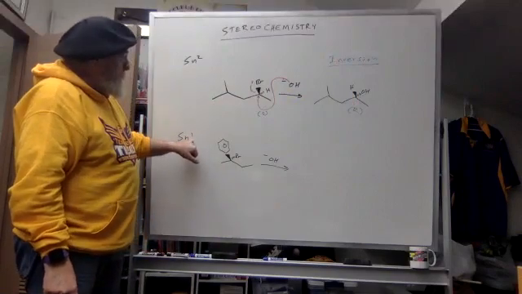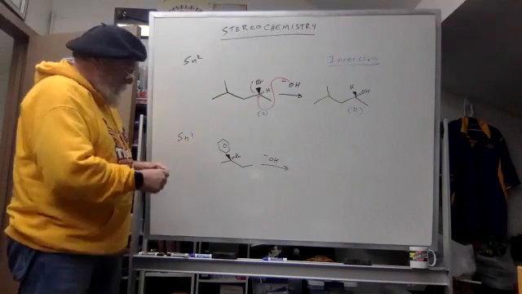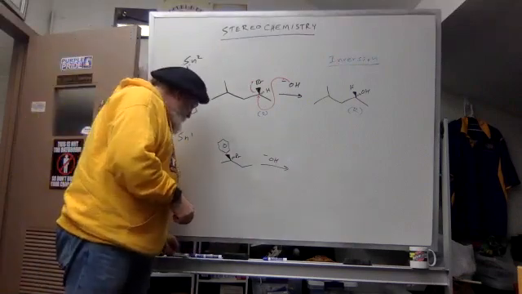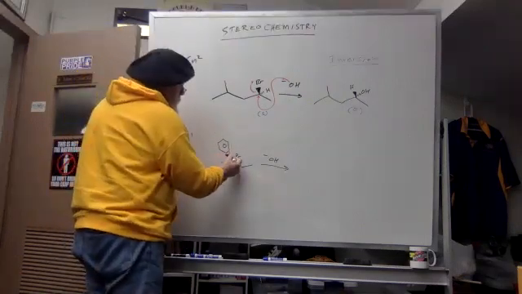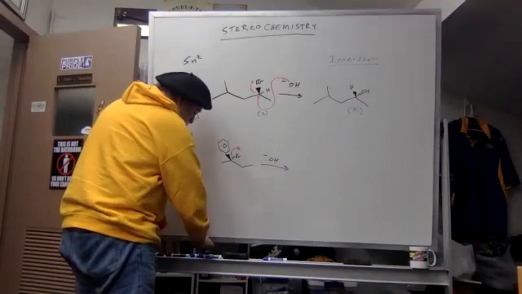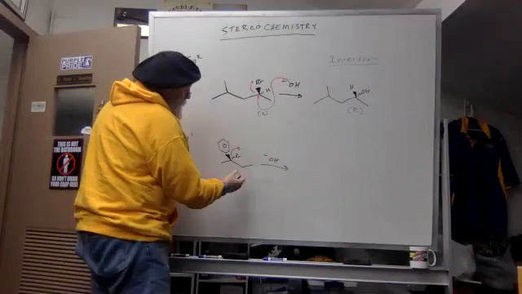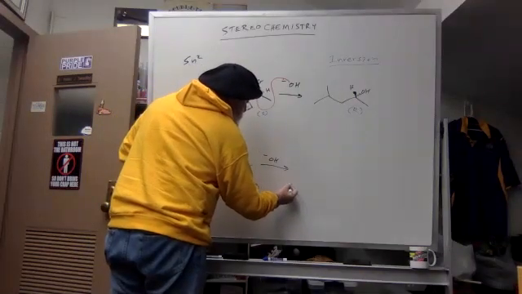SN1 goes through the carbocation, an intermediate. So the first step in SN1 is loss of the halide. So we just lose the halide, and that's going to give us our carbocation, which is planar.